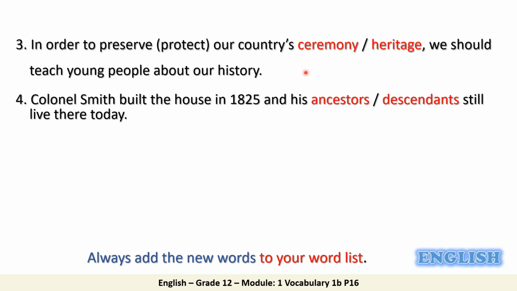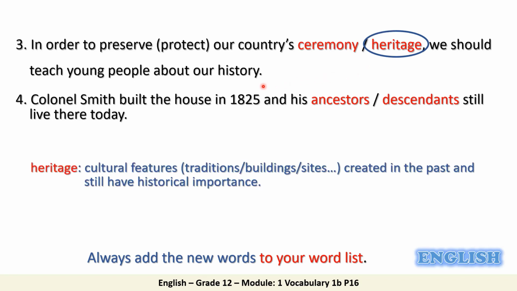Have you used the dictionary? What's your answer, please? Excellent. It's heritage, because heritage means the cultural features, culture, traditions, buildings, sites, etc., created in the past and still have historical importance till today. Excellent.